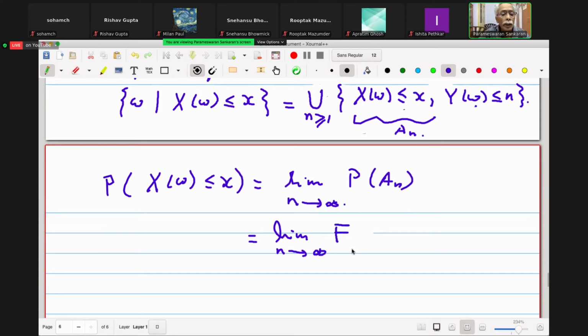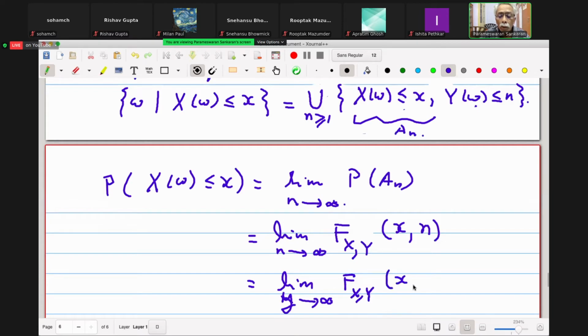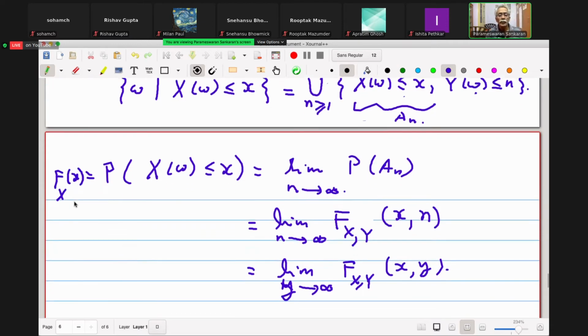So for clarity I write F_XY and then write x here, allow n to vary, but this is the same thing as the limit as y goes to plus infinity of F_XY(x, y). That's exactly what we said. Of course, this side is just F_X(x). That's it. That's all the proof is.